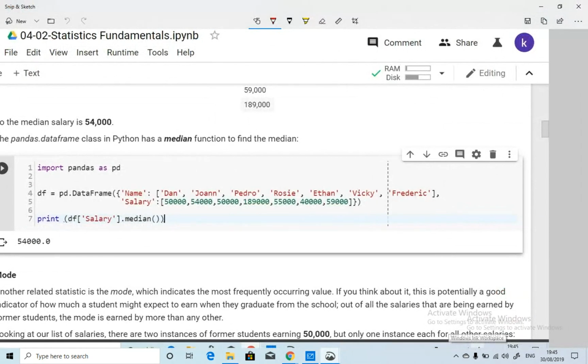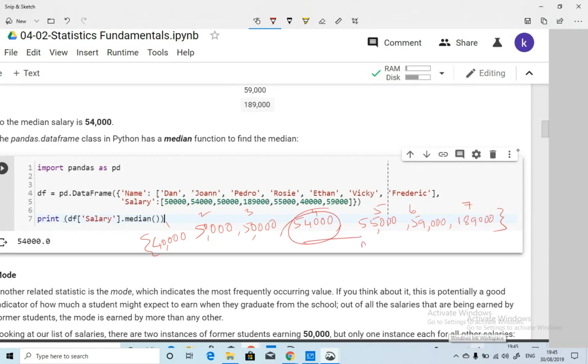Here, how do we find the median? First, the data should be in sorted order: 50,000, 50,000, 50,000, 54,000, 55,000, 59,000, and 1,89,000. 1, 2, 3, 4, 5, 6, 7.